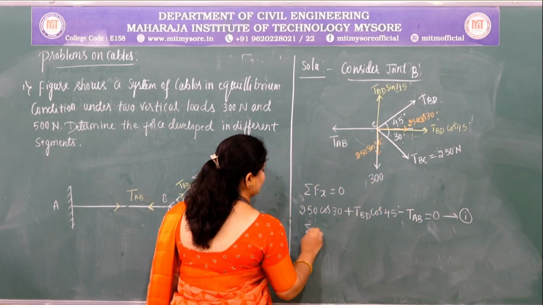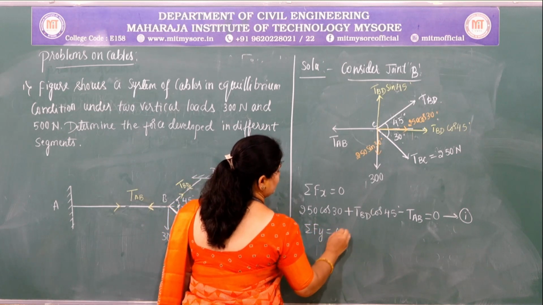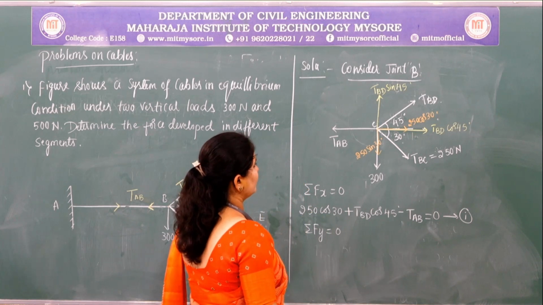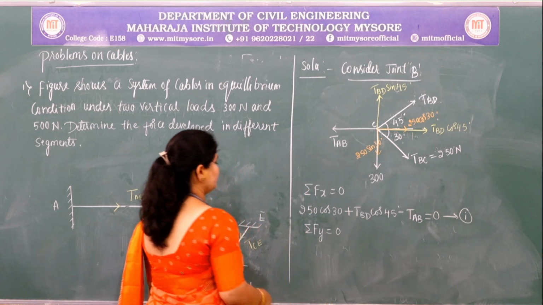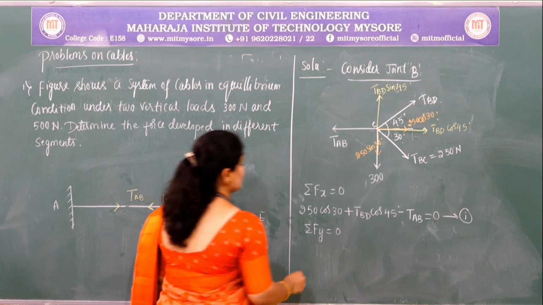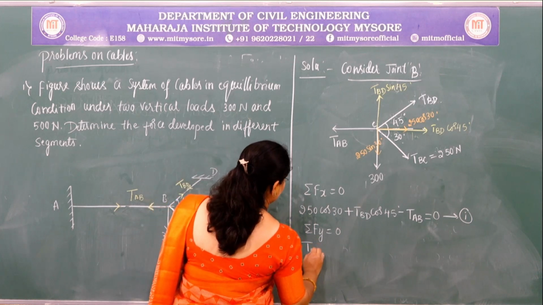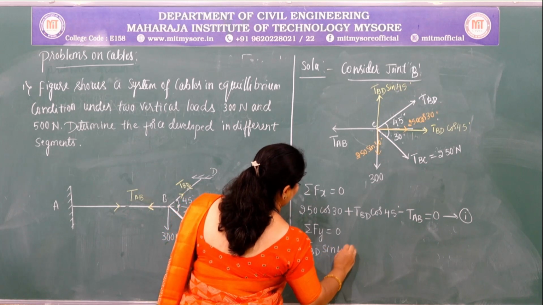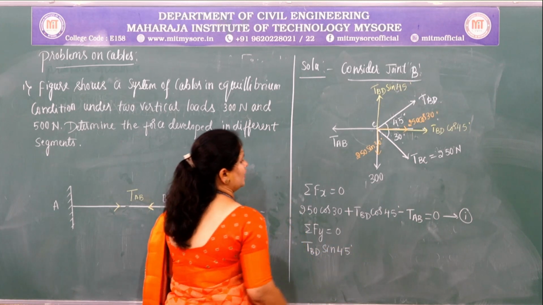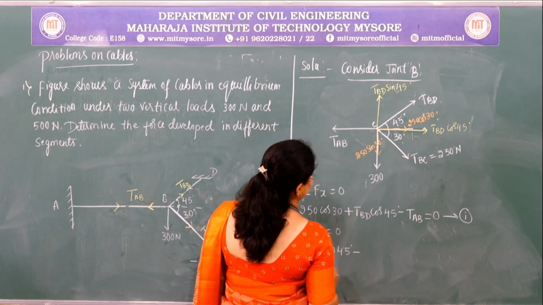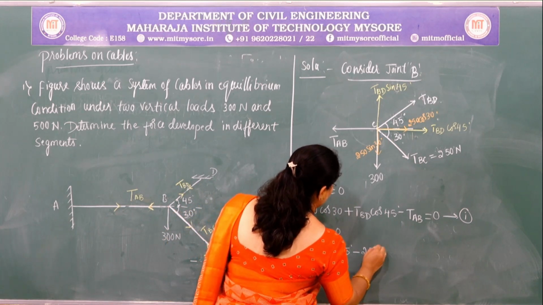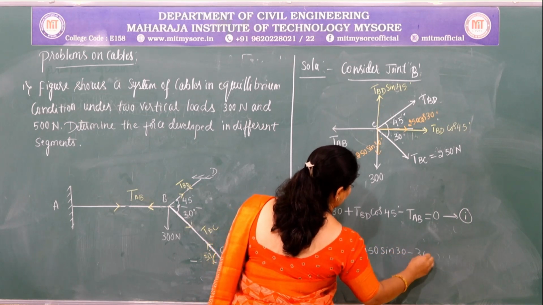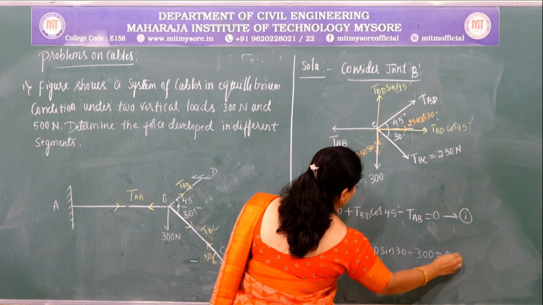Second equilibrium condition is sigma Fy equal to 0. Now consider all the forces on the y-axis, both positive and negative. On the positive y-axis there is TBD sine 45, and on the negative y-axis 250 sine 30 and the vertical load 300, which is equal to 0.